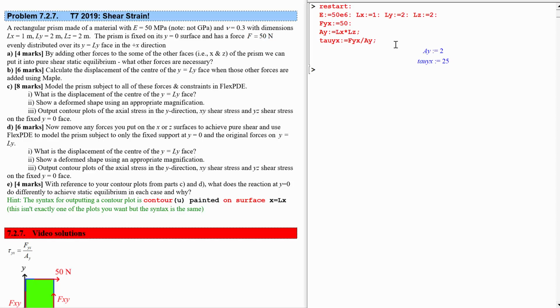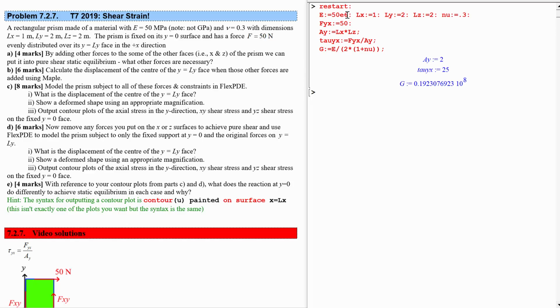And then we can get the shear modulus. G is E over 2 times 1 plus nu. So it should be smaller than the Young's modulus. Oh, we didn't put in what nu is. Nu is 0.3. Okay. So let's see.